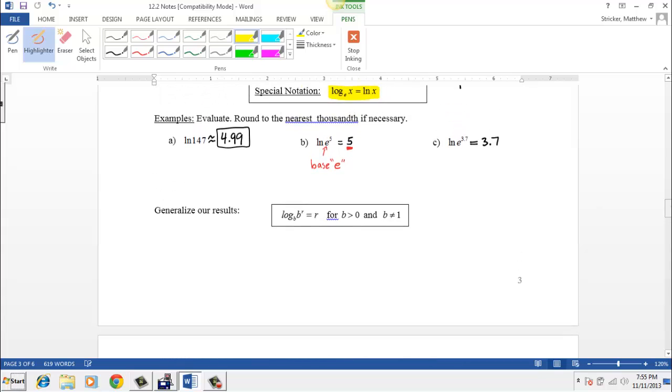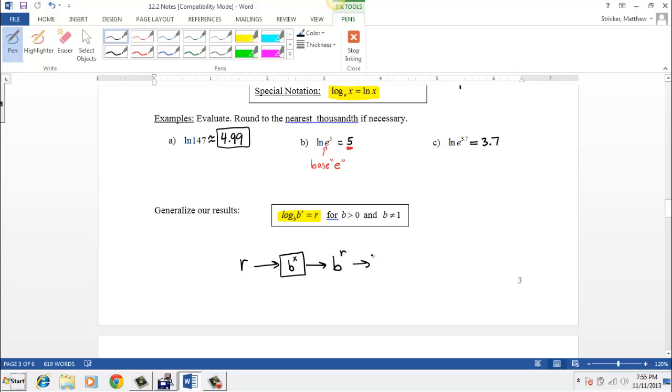In other words, this is the generalization of what we just found. If I take the log of any base b of b to the r, I get r. In other words, if r is put into some exponential function, what do I get out? I get b to the r out.